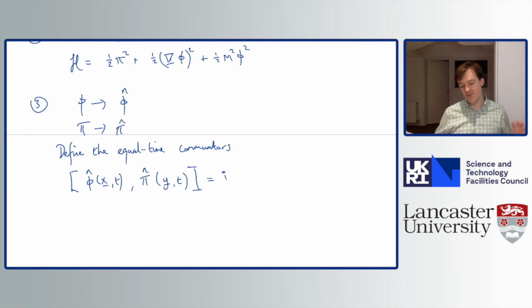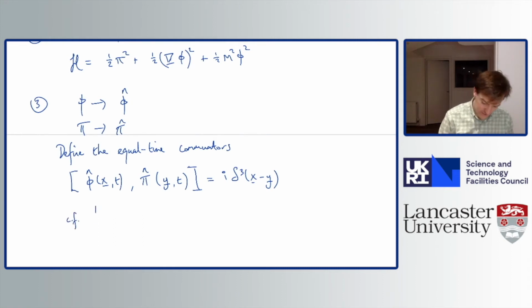So now that these are continuum fields, we're going to have that they give a delta function times I as the commutator. This is supposed to remind you of a familiar one from quantum mechanics: x_i p_j is I delta ij.